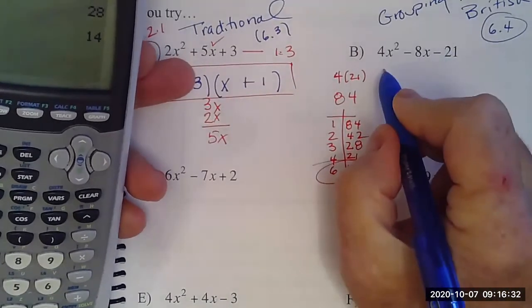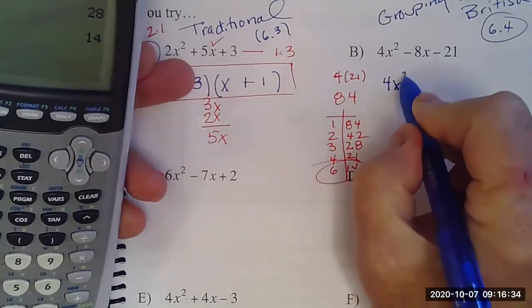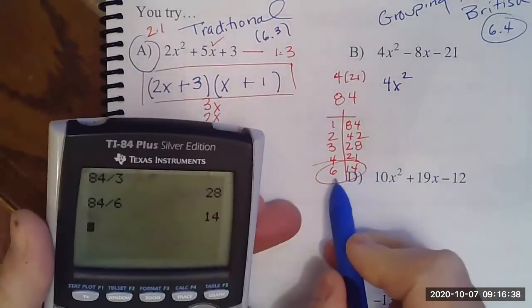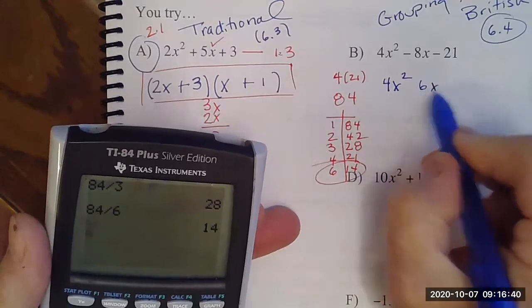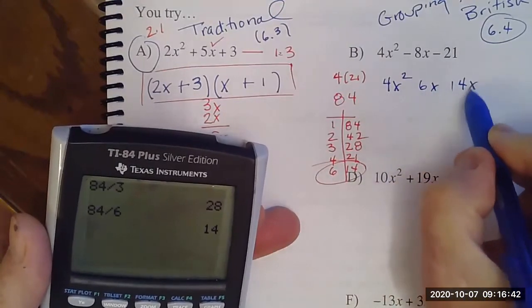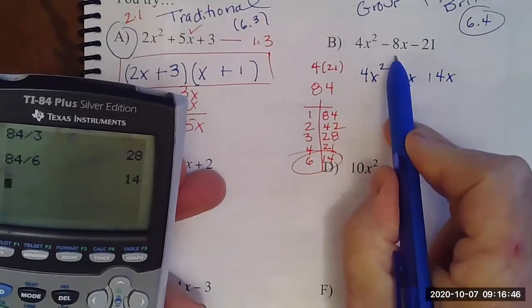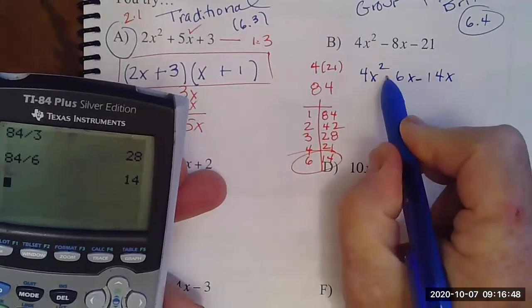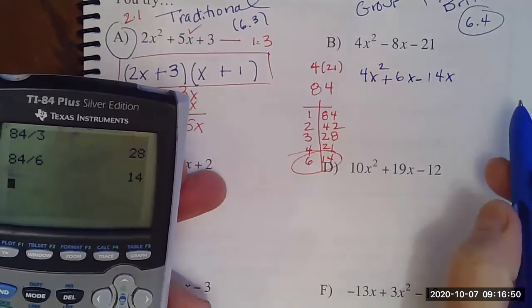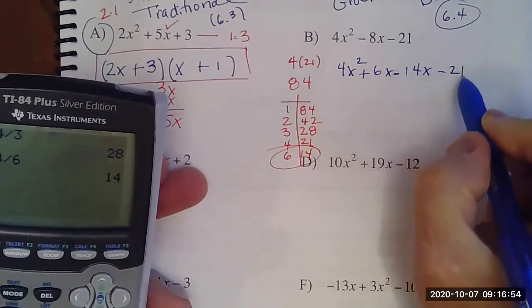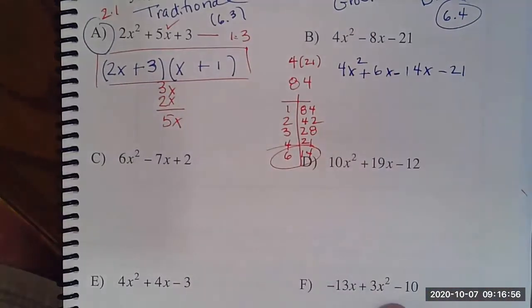So then I go over here and I go 4x squared. So instead of 8x, I need to write this with the 6x and a 14x in such a way that the signs have to be something so that I get negative. So let's do that. So I get negative 8x and then subtract 21. And then you do the grouping.